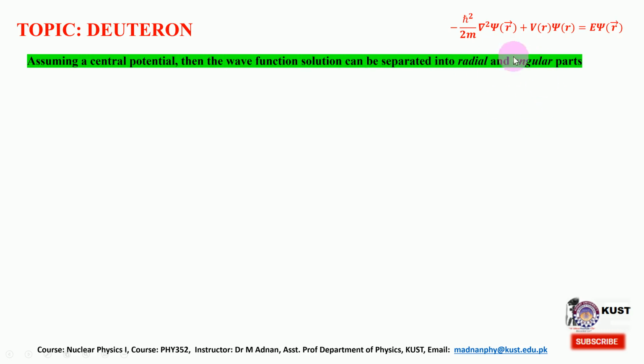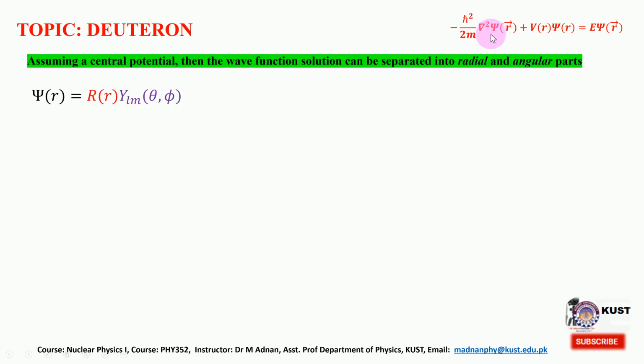As I told you, you have already done these things in your quantum mechanics course: once you are solving the Schrödinger equation for a central potential, that is, a potential that does not depend on orientations, or different theta and phi will not affect this potential, then we can split the solution into radial and angular parts like this.